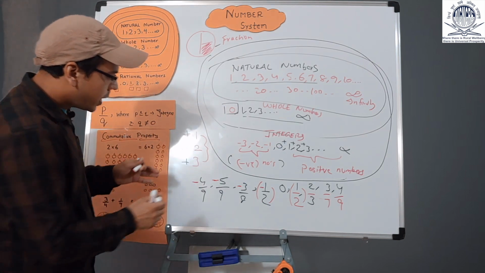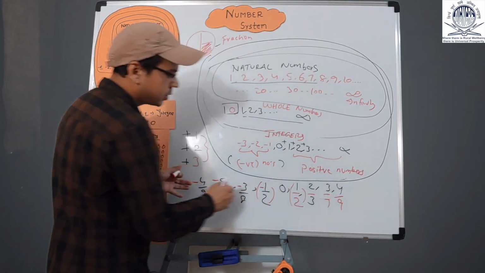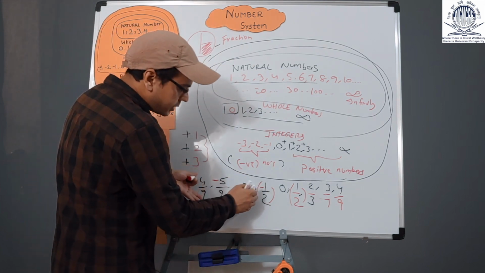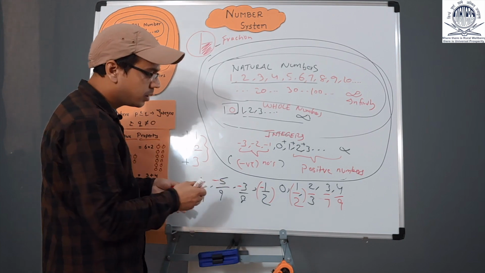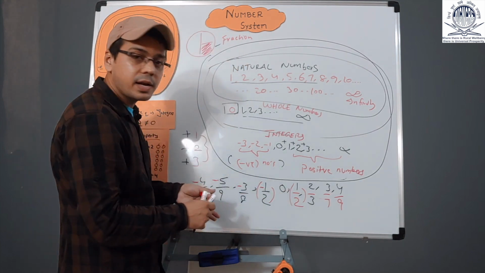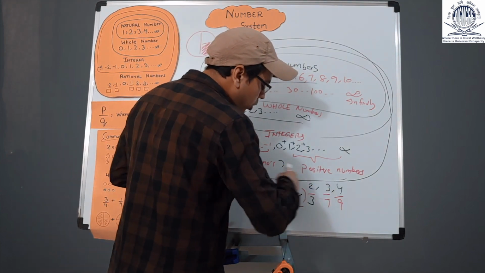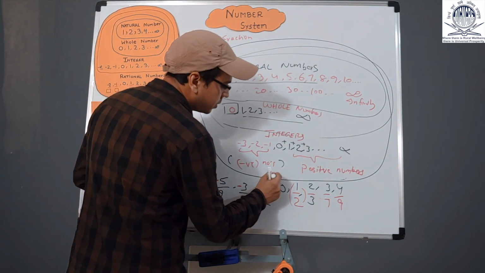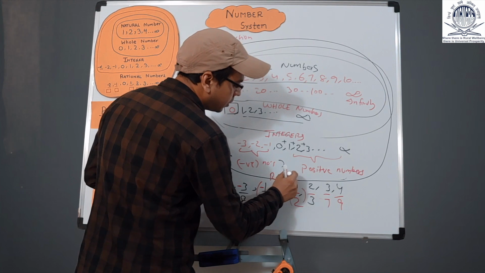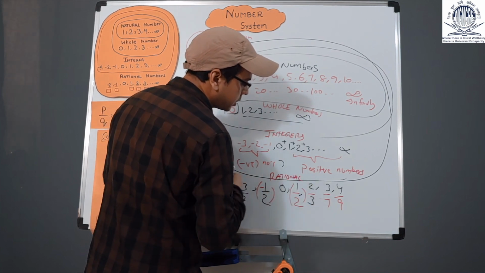So when I get this set of numbers, some negative fractions if you want, I get 0, and I do get fractions. Their whole combination makes something called rational numbers.